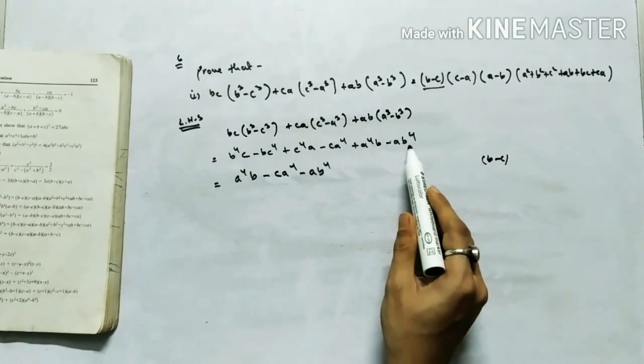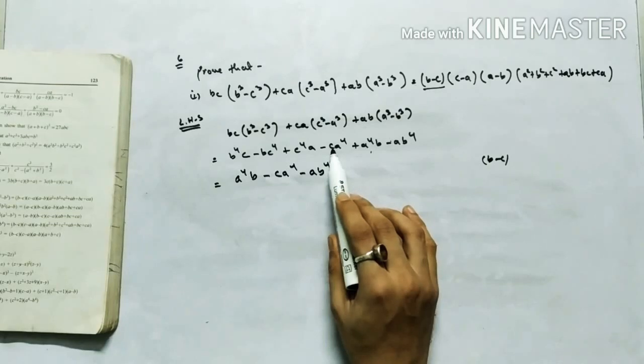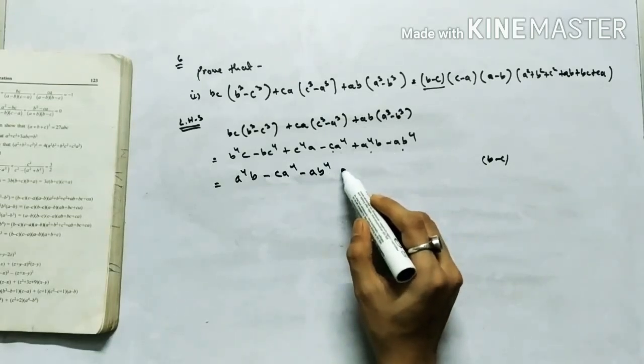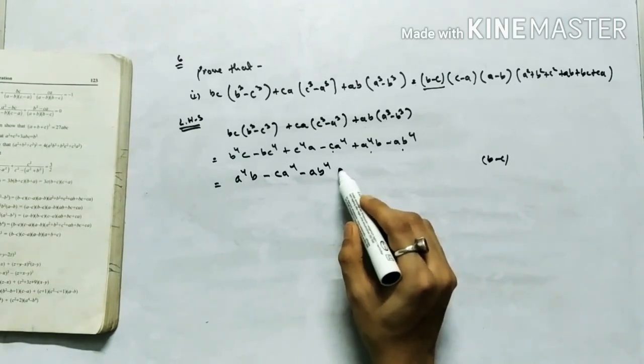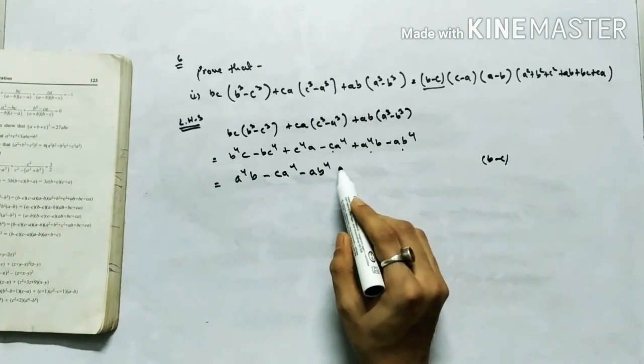This is minus AB4. This and this I have already taken. Minus AB4, plus B4C, no, minus BC4.